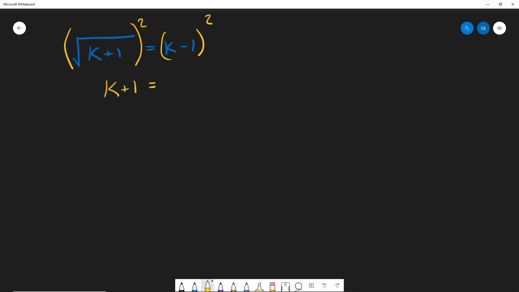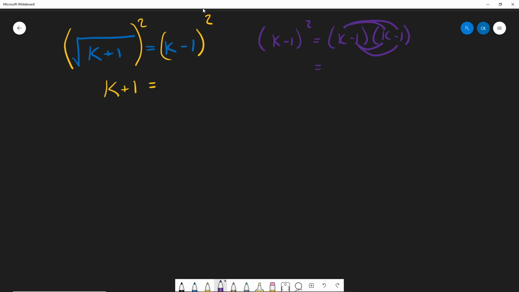But on this side here, this is going to be a little bit different. We are now squaring a binomial. If we remember back to the beginning of chapter 8, whenever we square a binomial, if I have k minus 1 squared, this is the same as saying k minus 1 times k minus 1, and I'm going to have to double distribute here.